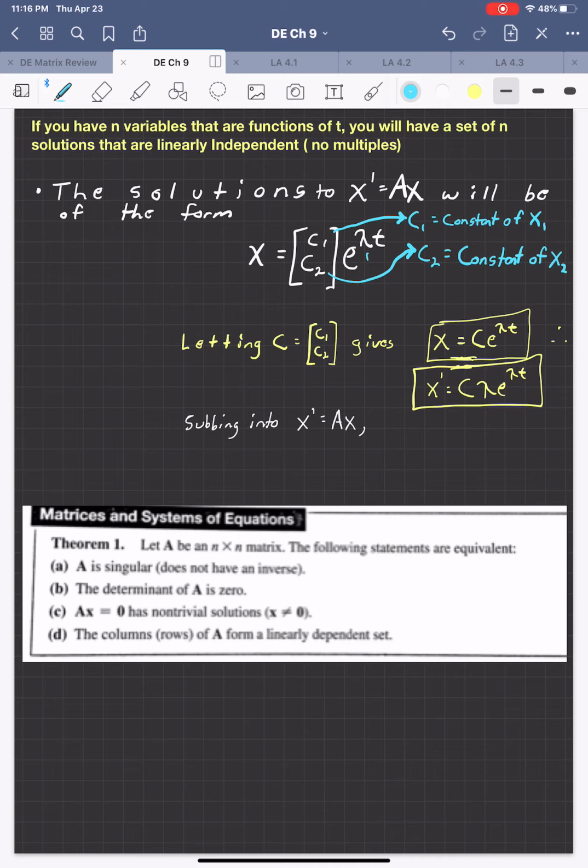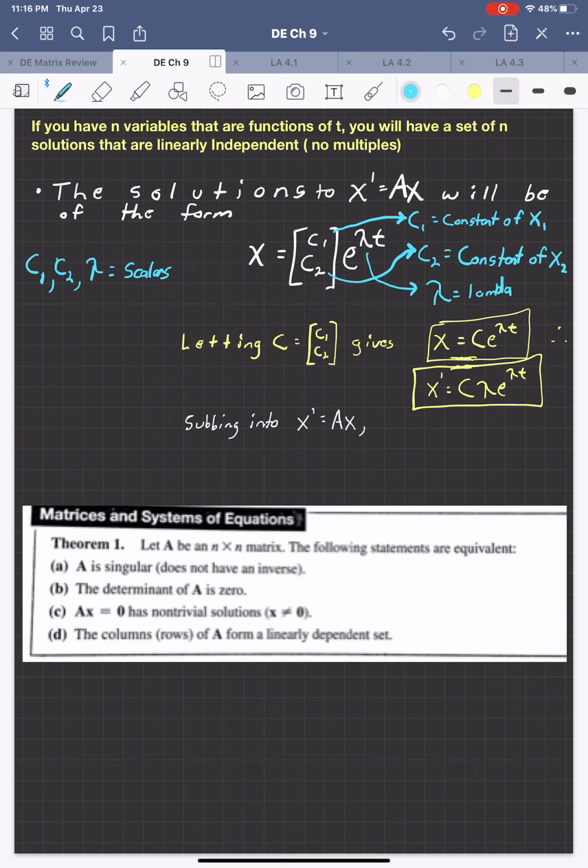And then of course this lambda is also another scalar. So notice that all three of these are just scalars. c sub 1, c sub 2, and lambda are all scalars.